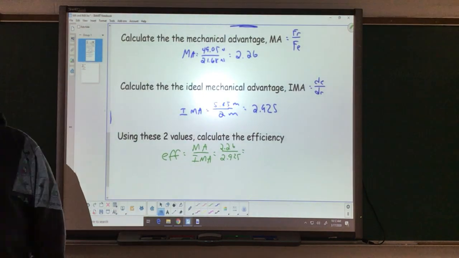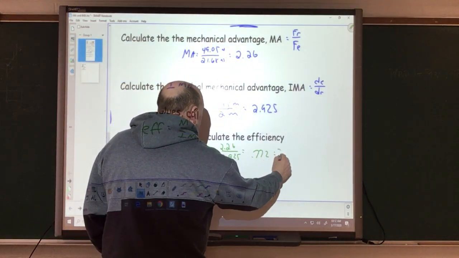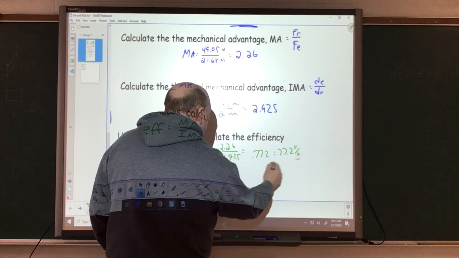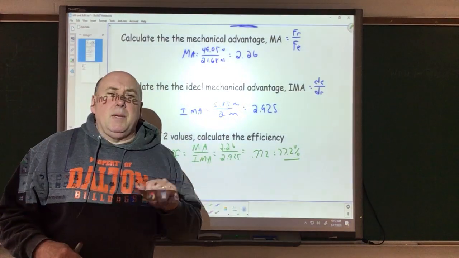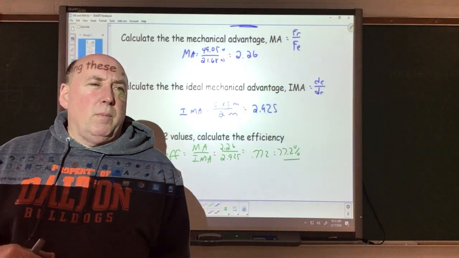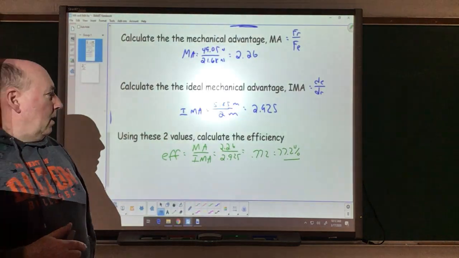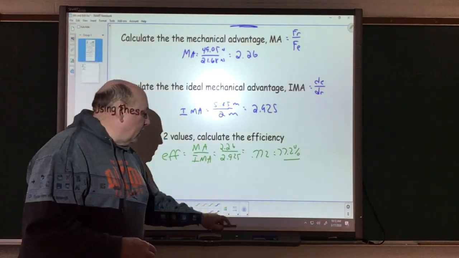And we come down to 0.77, which is 77.2% efficient. If you compare that back to what we did, because of rounding you might be just a little bit different, but we should be pretty much the same. Once again, this is mechanical advantage and ideal mechanical advantage.